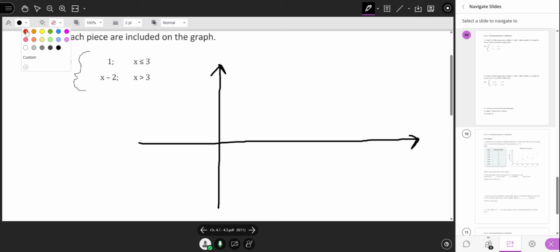Now, our divider is x equals 3. 1, 2, 3. That's our dividing line. And let me turn those back to black.